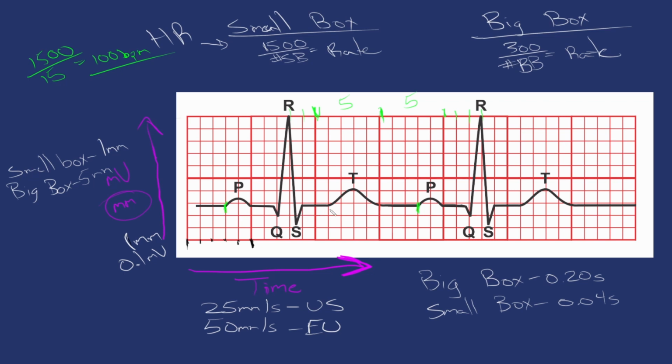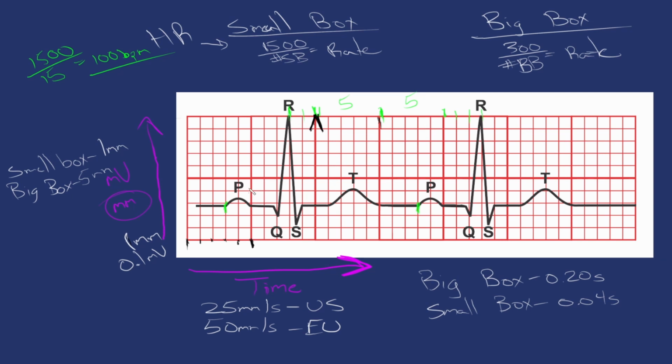Another little trick that I like to use: if you find an R wave that lines up really well with this line somewhere on the strip, then we just use the big boxes to count these 5s out. So we go to the next one, so this would be 5, 10, and then we add on, so that's 13. It's a lot easier than having to back count or anything. Saves you a bit of time.